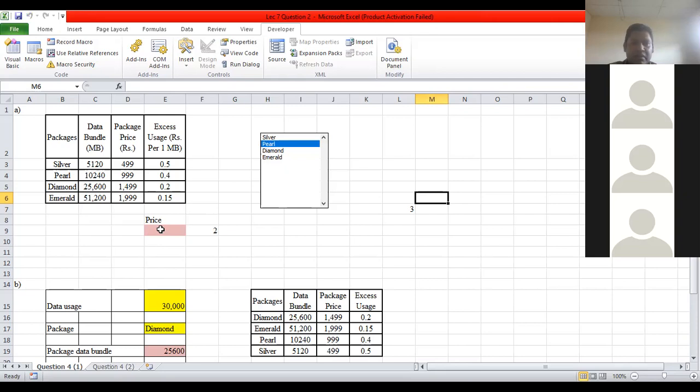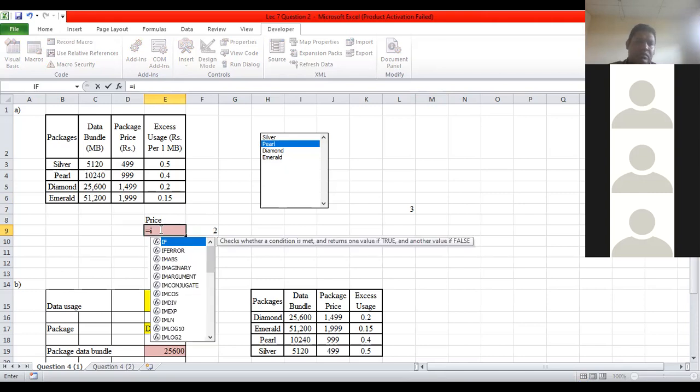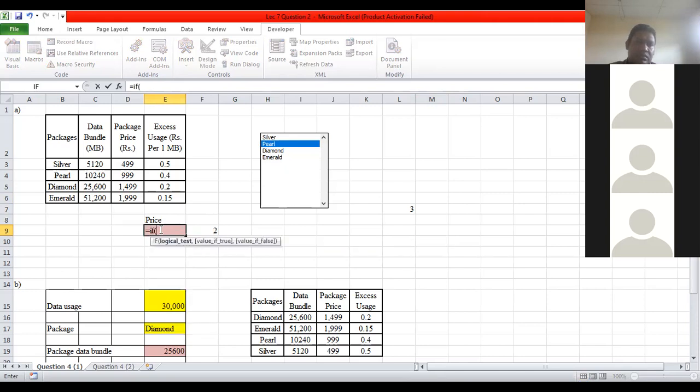Then by making use of your knowledge on functions, you would have developed that price. Taken the function, you first check whether this is equal to 1. If so, you would have asked them to take this price. Then again you would have taken an IF function and done the same test.